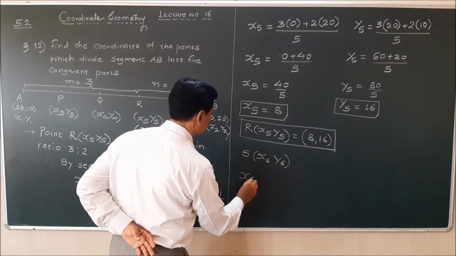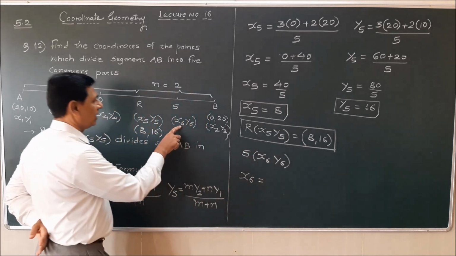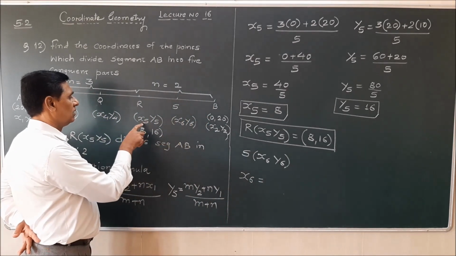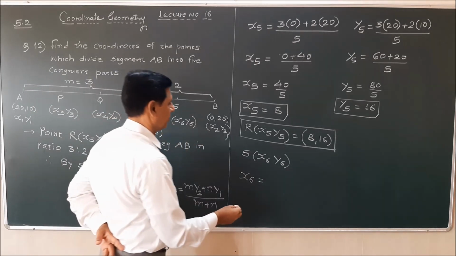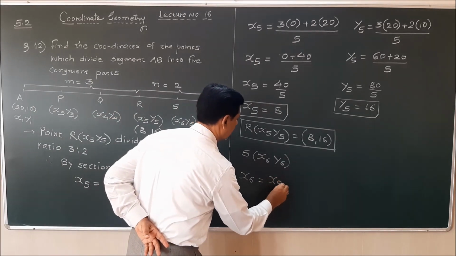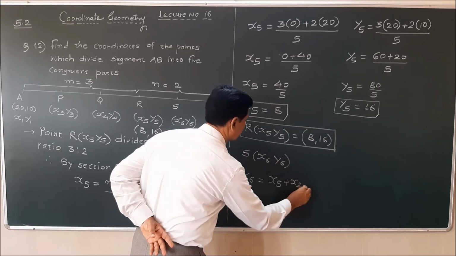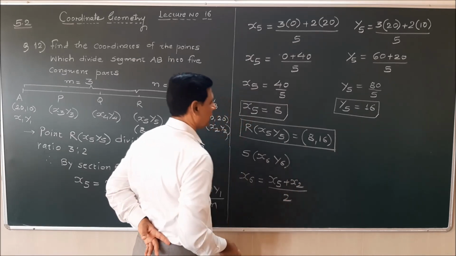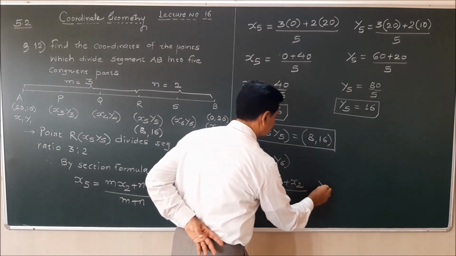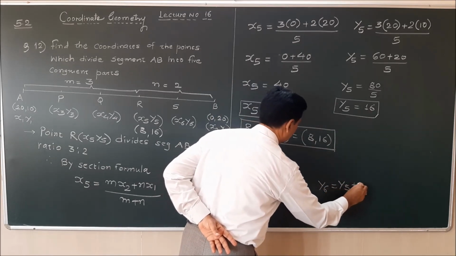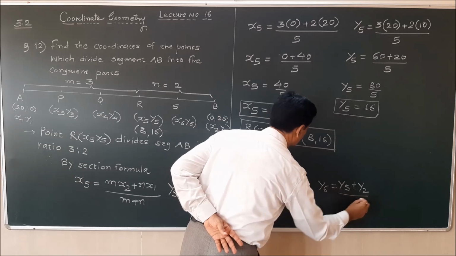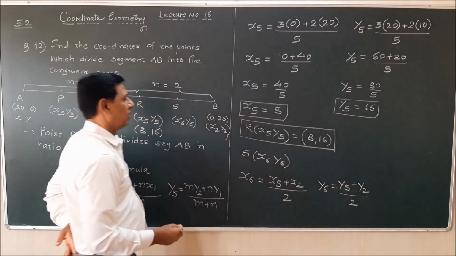So x6 is equal to (x5 plus x2) upon 2, and y6 is equal to (y5 plus y2) upon 2.